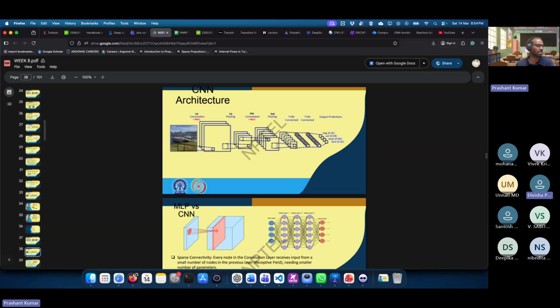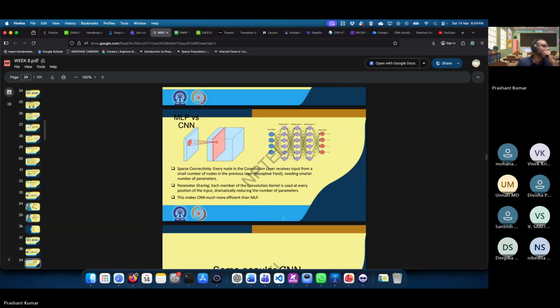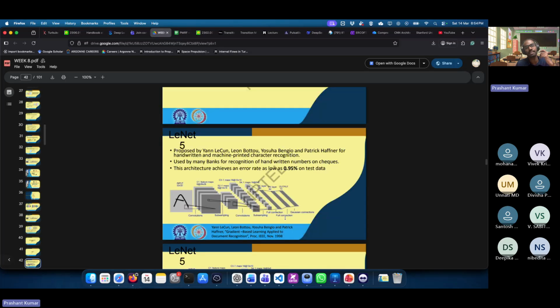In that case your test loss will be so high, maybe 80%, 70% error. Let's say you have 100 test values and you get 20 correct and 80 incorrect, then there is no point in that, right? So that's why you need the CNN.